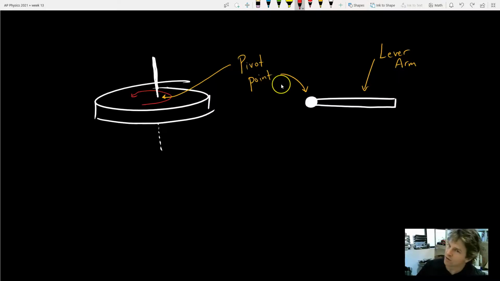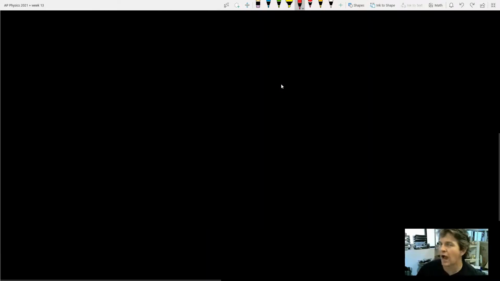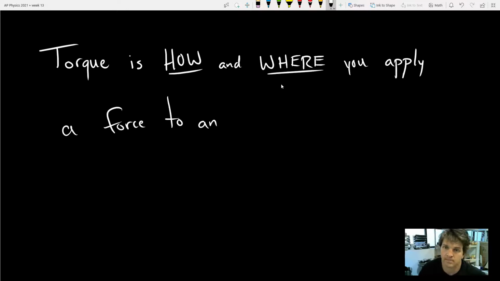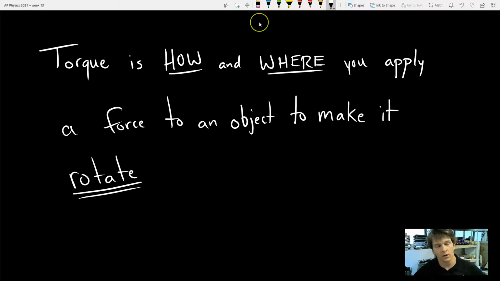A torque is basically how you apply a force to something to make it rotate. Okay, so a torque has to do with how and where you apply a force to an object to make it rotate. Those two things are really important, the how and the where you apply the force.